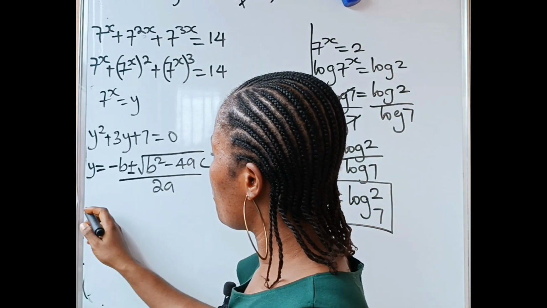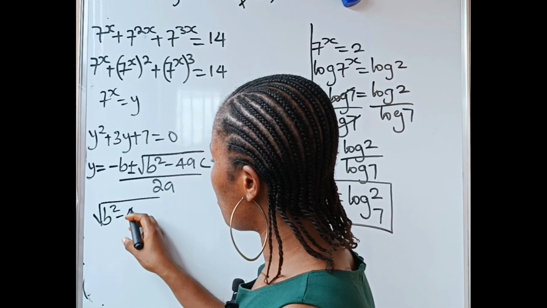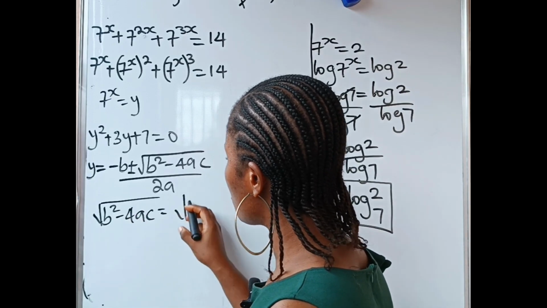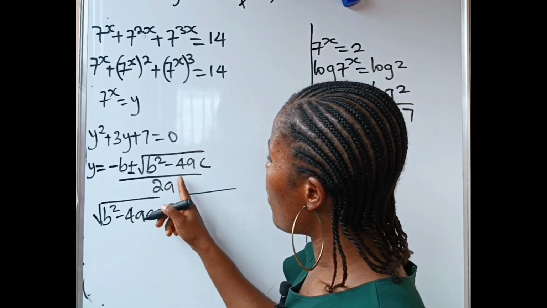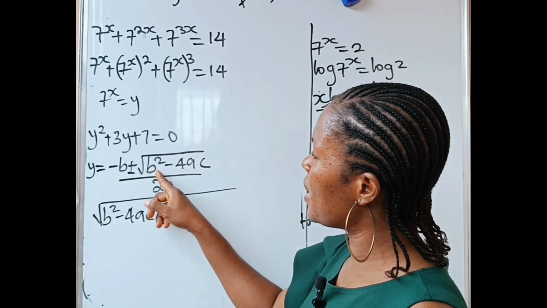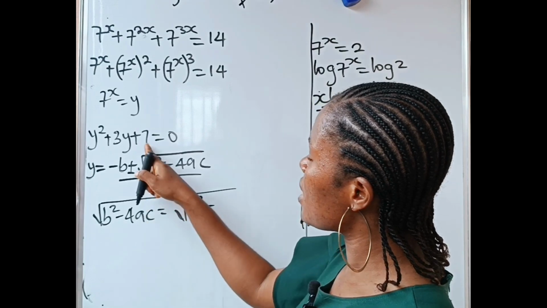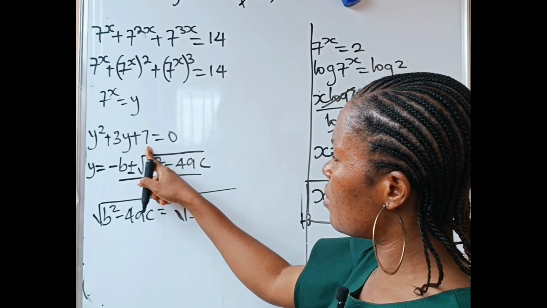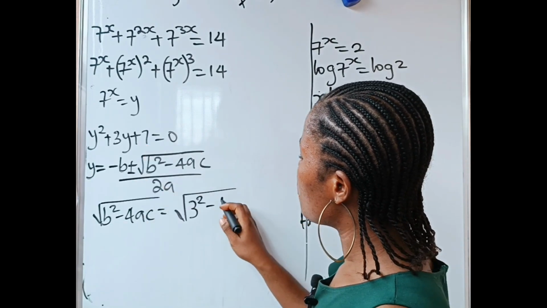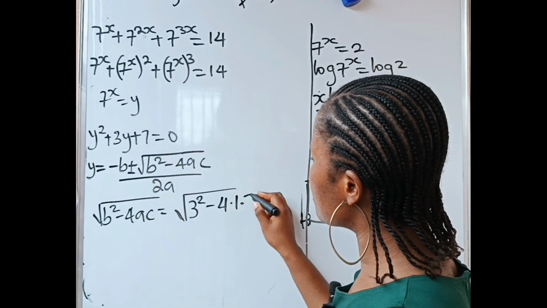So let's go. We have the square root of b squared minus 4ac, which is the square root of, where our b is 3, so 3 squared minus 4 multiplied by a, which is 1, and our c is 7.